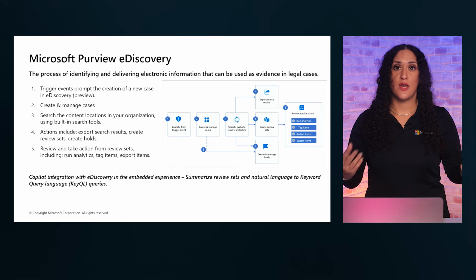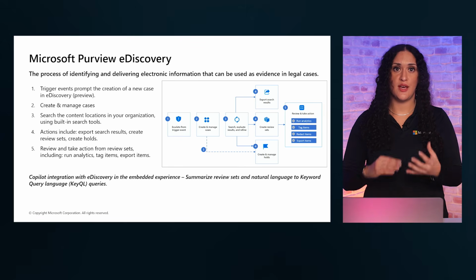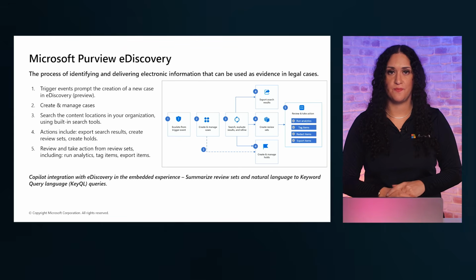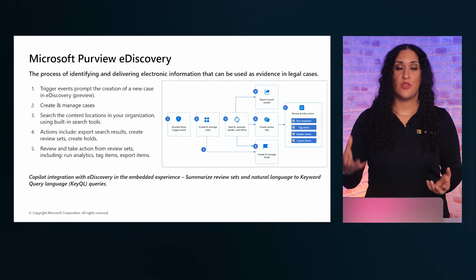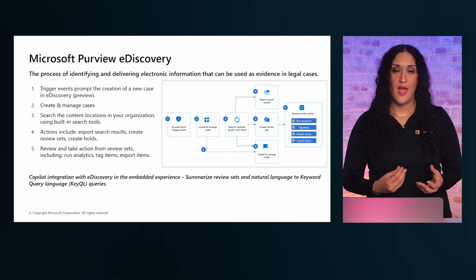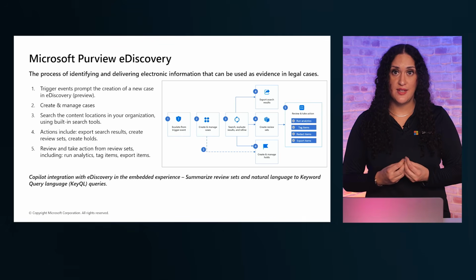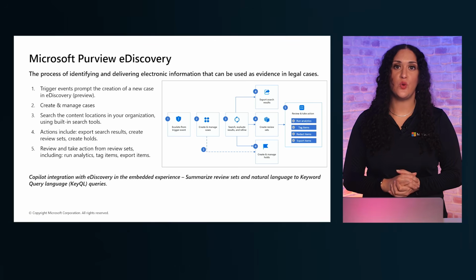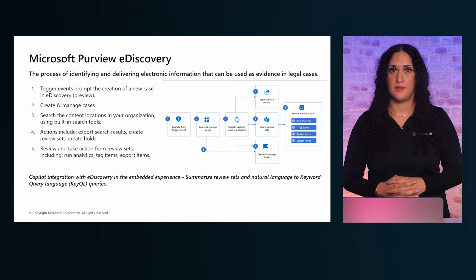As far as content locations searched, we can put Exchange Online mailboxes, Microsoft Teams chats, and SharePoint Online sites. The action taken? The search results can be exported. A review set is created, and relevant messages and files are tagged for legal review and potential escalation, like to be put on hold if needed.